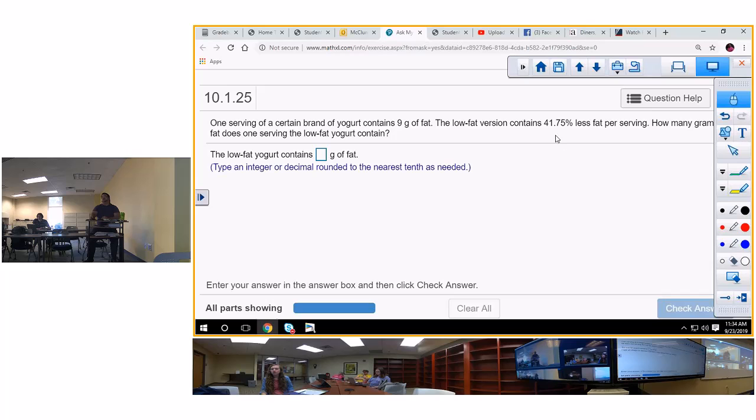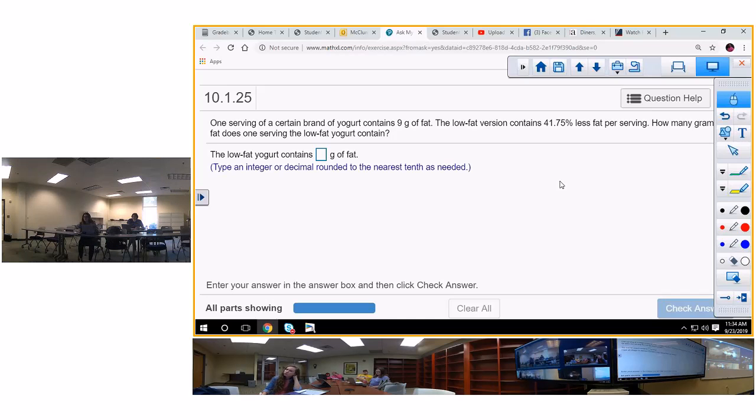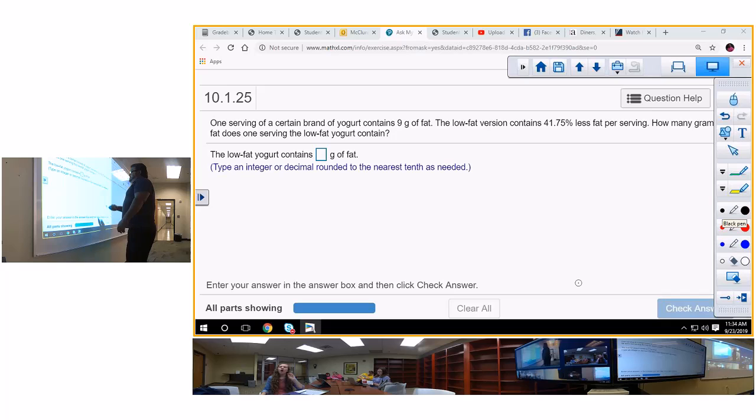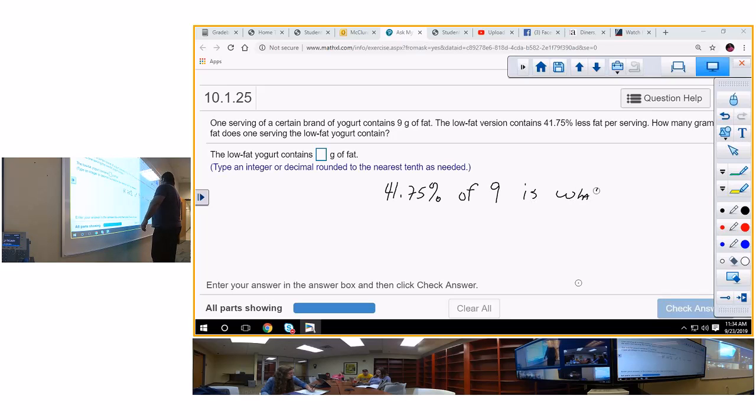So this says 41.75, turn it into a sentence problem. Somebody turn it into a sentence problem for me and tell me what it should say. If you're going to mumble to me, I'm going to mumble back. It's 9. Okay, 41.75% of 9 is what number?